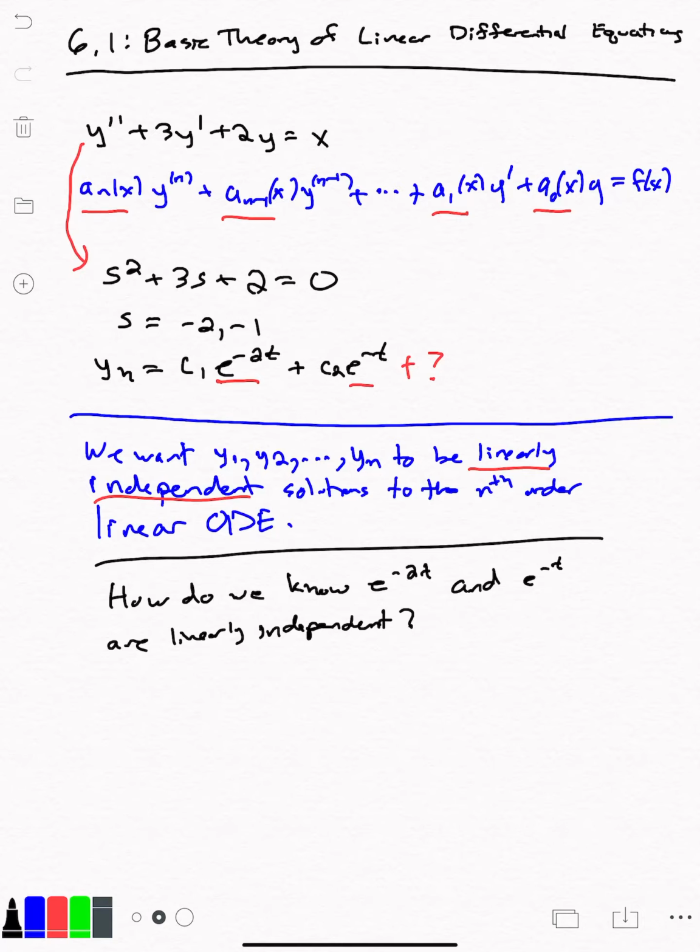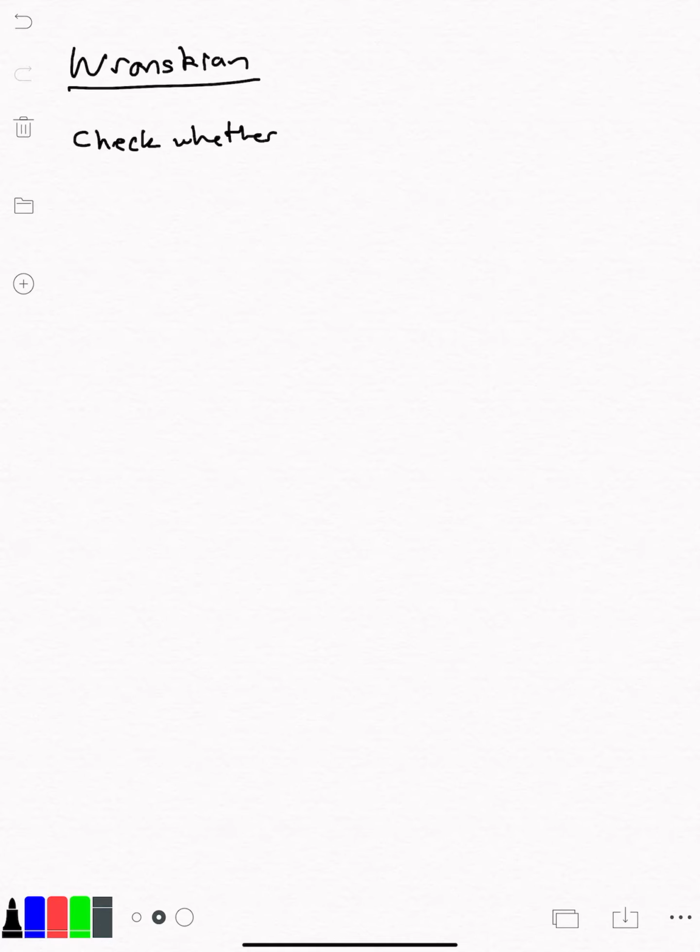And this is going to be called the Wronskian. So here's how a problem might go. We would say, check whether e to the -2t and e to the -t are linearly independent.